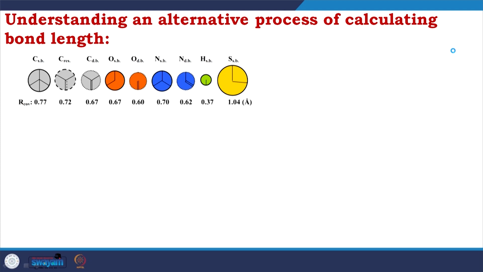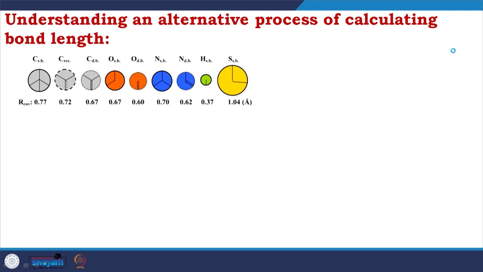Oxygen single bond is 0.67, oxygen being more electronegative than carbon, holding the electrons closer. Double bond is even lesser than single bond, 0.6. Nitrogen single bond is 0.7, nitrogen double bond 0.62, hydrogen single bond 0.37, sulfur single bond 1.04.